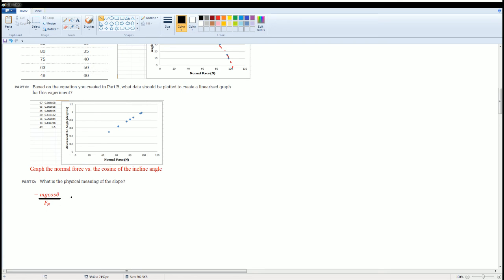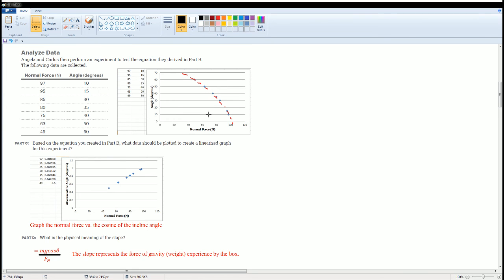There's a physical meaning behind this slope. I would say that the slope here represents the force of gravity, the weight, experienced by the box. So the box here will have a weight that it feels. That weight is basically the force of gravity pulling down on it.